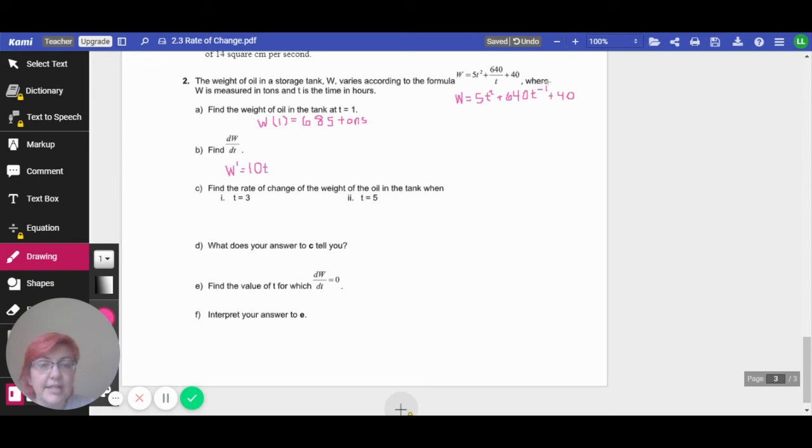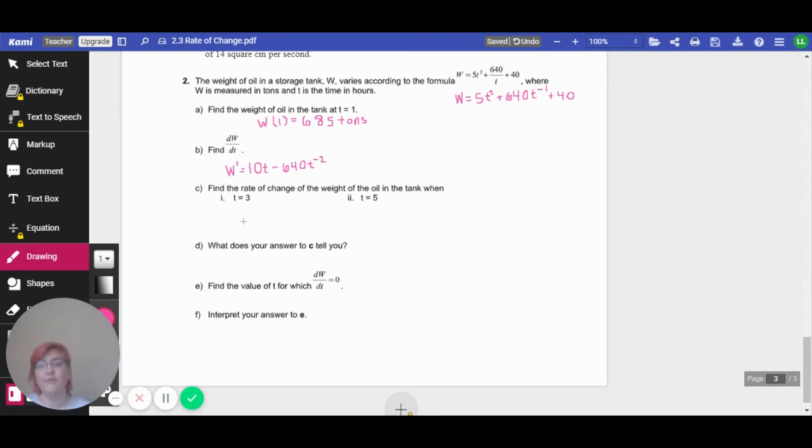All right, n is negative 1, A is 640. Negative 1 times 640 is negative 640. And then t to the negative 1 minus 1 is t to the negative 2. 40 is our constant. We know it'll be 0, so that just goes away.